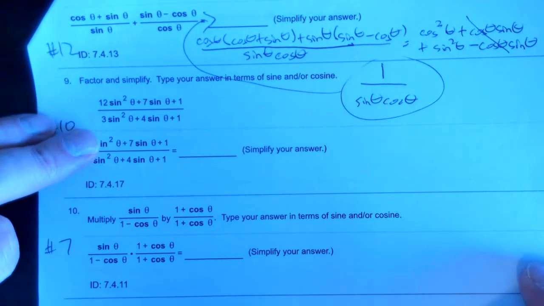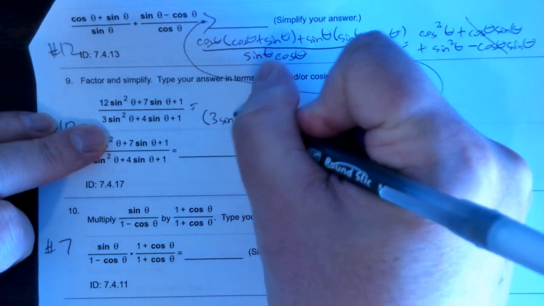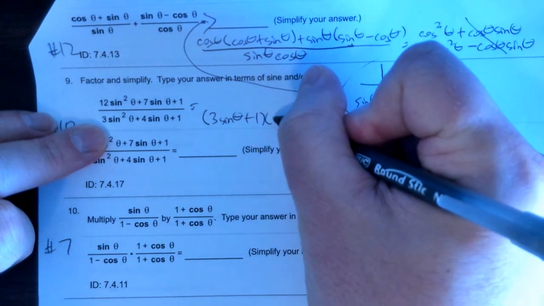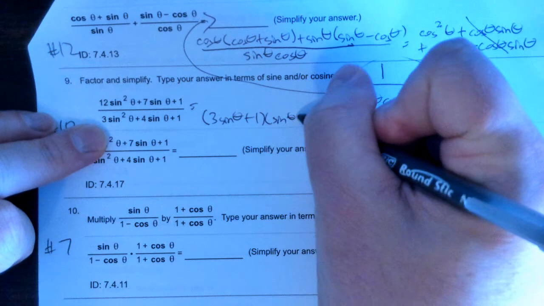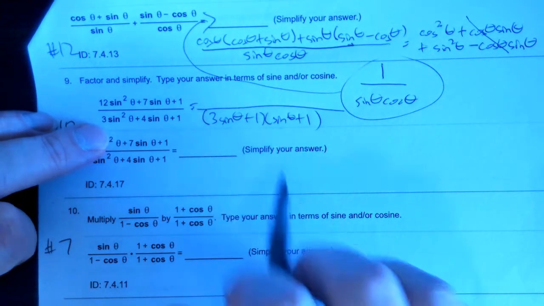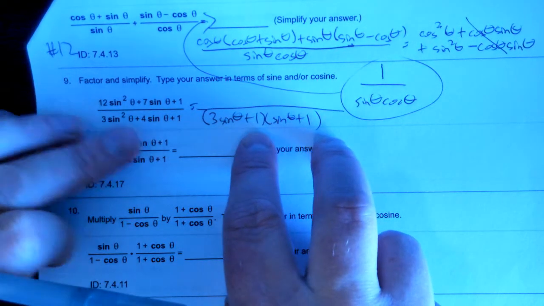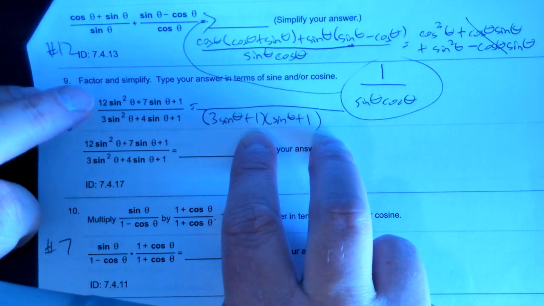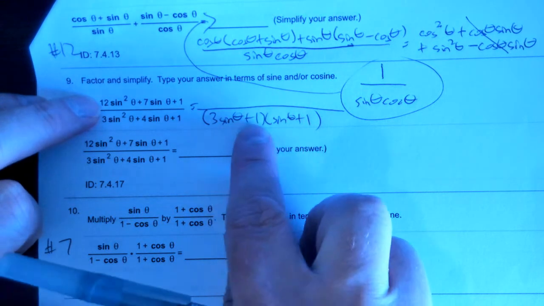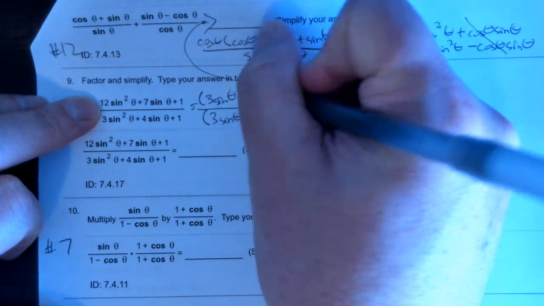Okay, on this one, factor your denominator first. And so you get 3 sine squared, and then 3 sine plus 1 sine is 4 sine. And to factor your numerator, you're going to match the 3 sine plus 1.